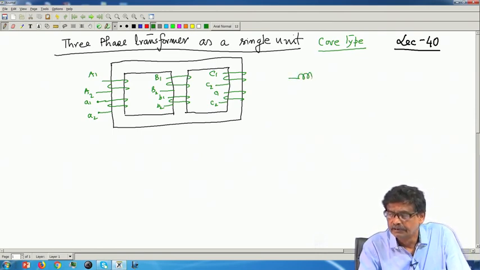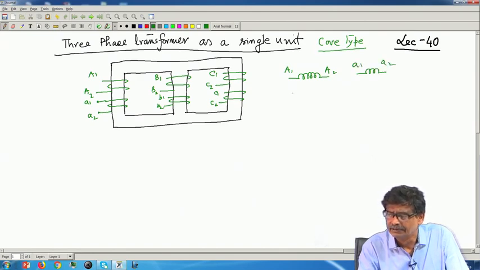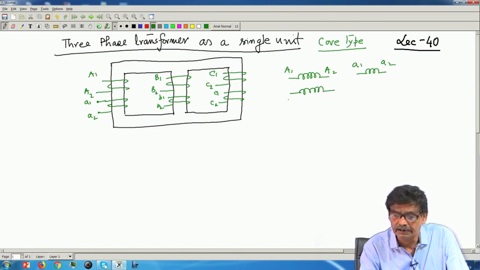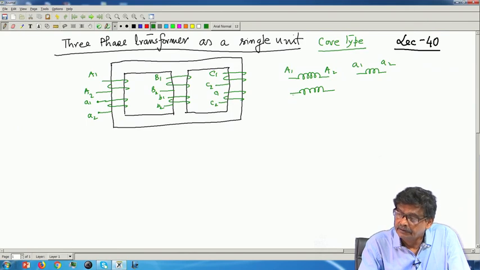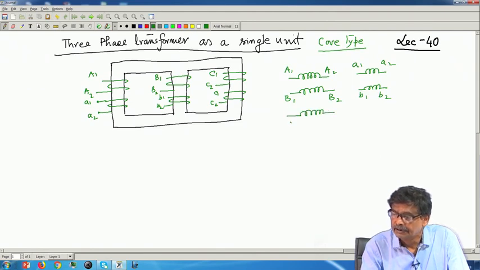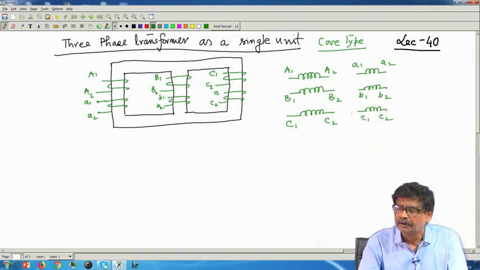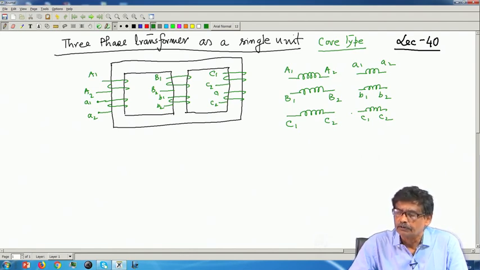I will show it similar to the previous one, A1, A2 and its secondaries, with the understanding that capital A1 and A2 will be the dot terminals, B1, B2, and this is small b1, b2, and this is capital C1, capital C2 and small c1, c2, and then I could connect them in star-star, delta-star, star-delta and what not, with some specific vector grouping.